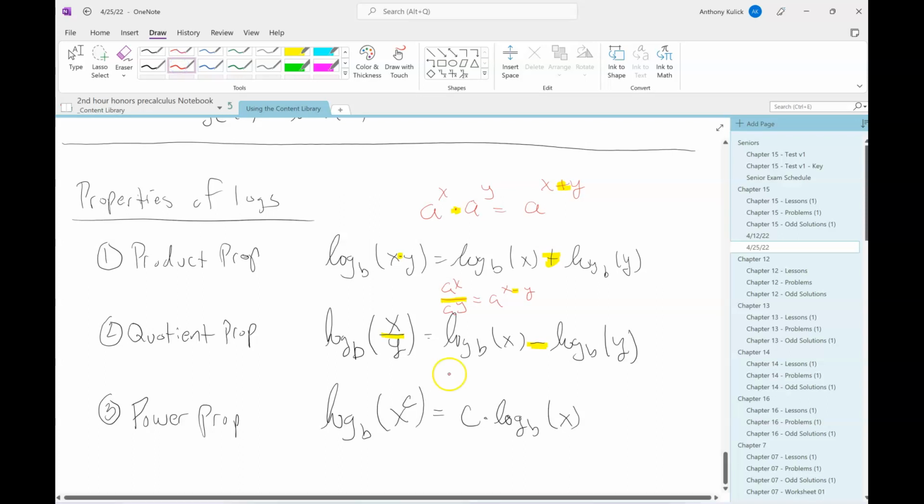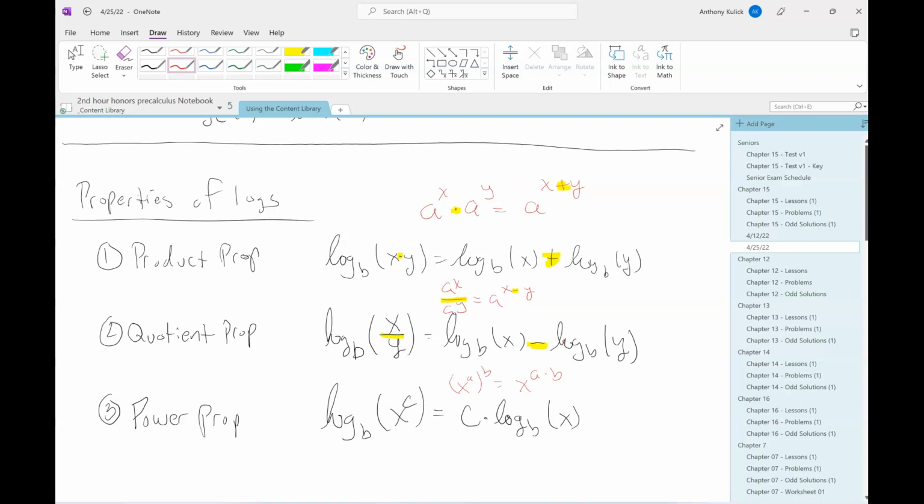And this one is related to the exponent of an exponent property. This one's a little harder to see how that property would be directly applicable, but I promise you that is what's going on there.